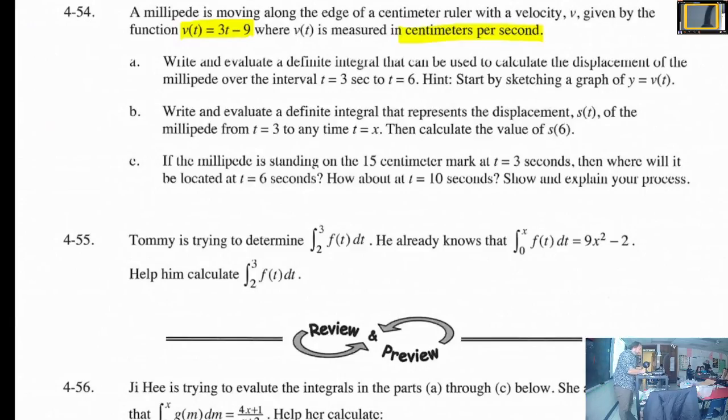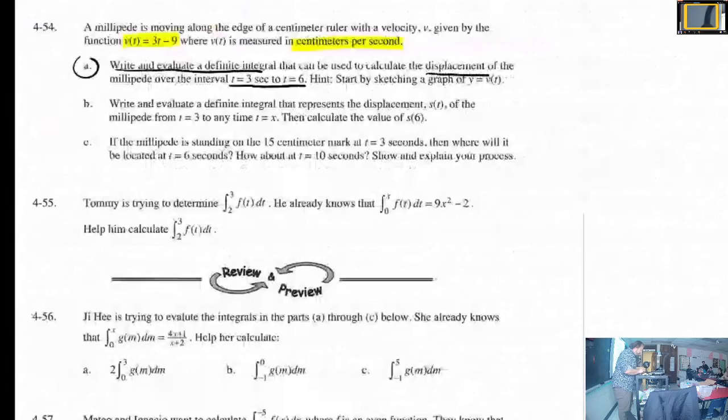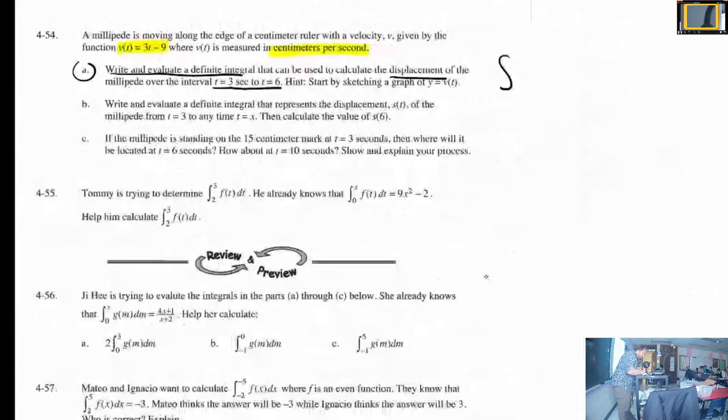What we're going to do here in question A is write and evaluate a definite integral that can be used to calculate the displacement of the millipede over the interval t equals 3 to t equals 6. The more you read these problems, the more you realize that the integral notation is very useful here because it's basically already written for you. All we need to do is the integral from 3 to 6 of our velocity function, v of t dt.